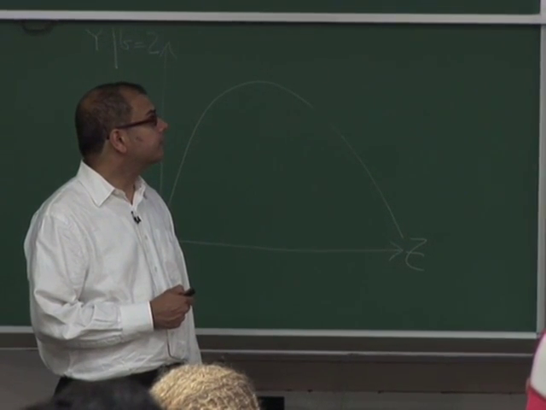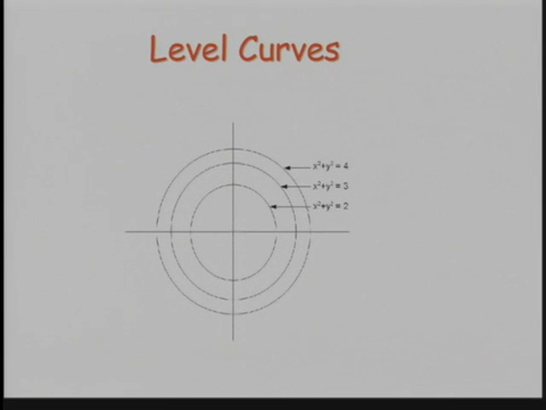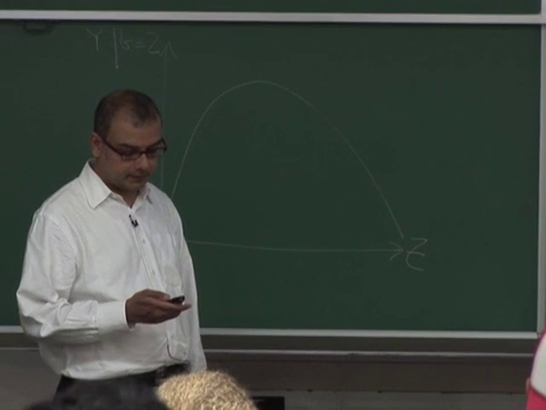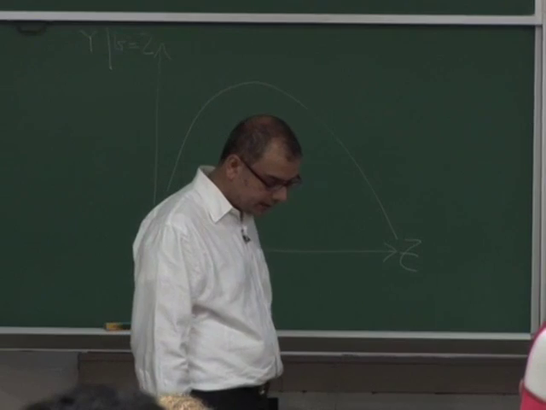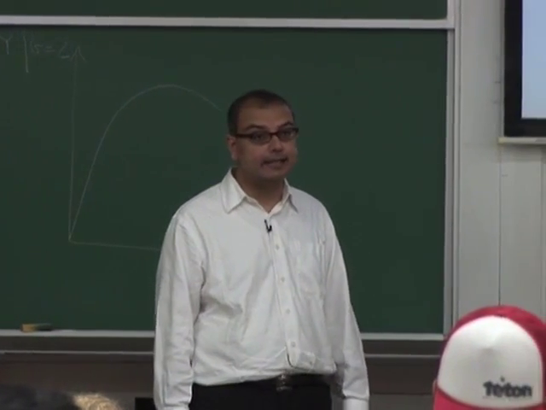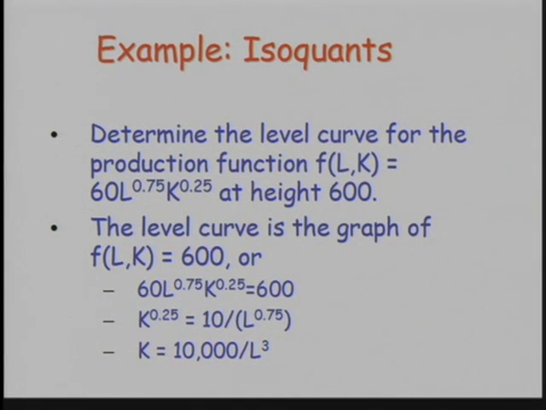The function is x squared plus y squared. When you draw level curves of this function, they'll just be concentric circles around the origin. A very common type of level curve that you'll see in economic analysis are isoquants. Iso, recall in Greek, means equal, hence isotherms are points of equal temperature.